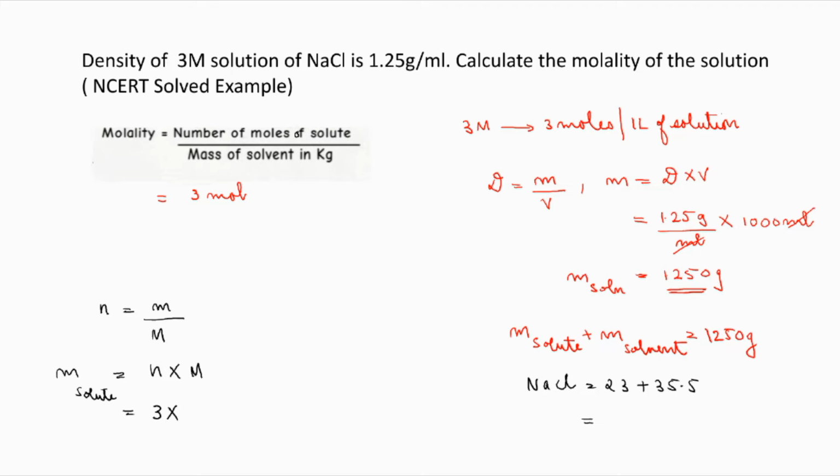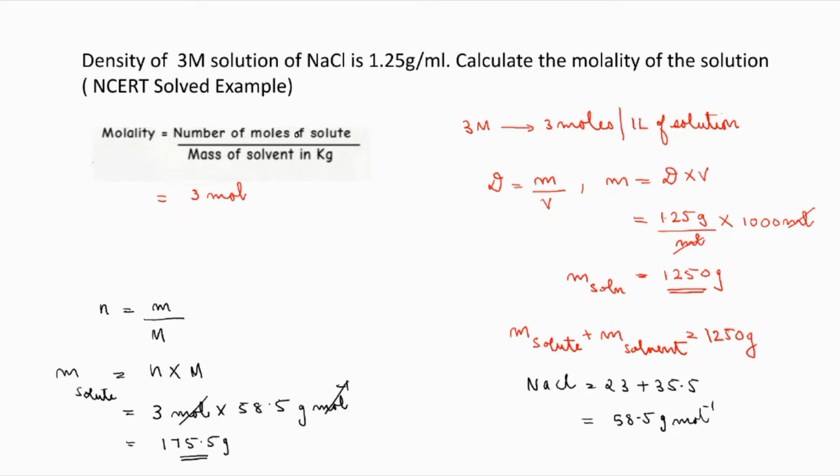If you are adding together, you will be getting 58.5 gram per mole. So we got the molar mass of sodium chloride also. Substitute the value. 3 moles into 58.5 gram per mole. So mole will be cancelled and you will be getting the answer in gram. If you are calculating this, you will be getting the answer as 175.5 gram. So you got the mass of the solute also.